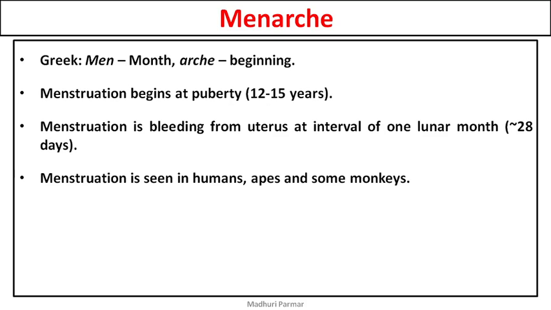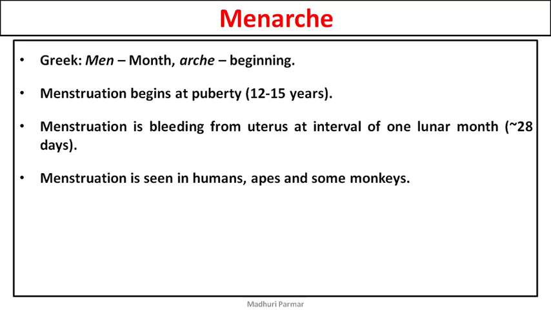Menstruation is seen in humans, apes and some old world monkeys. Like, not old age in the sense of age, उसको क्या बोलते हैं, New World monkeys, old world monkeys. My mistake. New World monkeys or Old World monkeys. So New World monkeys are found in South America, right? And Old World monkeys are found in Africa and Asia.